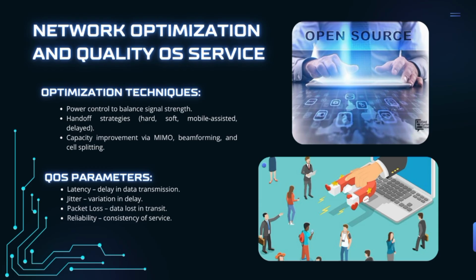The quality of service, or QoS, measures user experience. Lower latency and packet loss mean smoother video calls and faster browsing. Continuous optimization ensures networks deliver reliable service even during peak traffic or challenging environments.